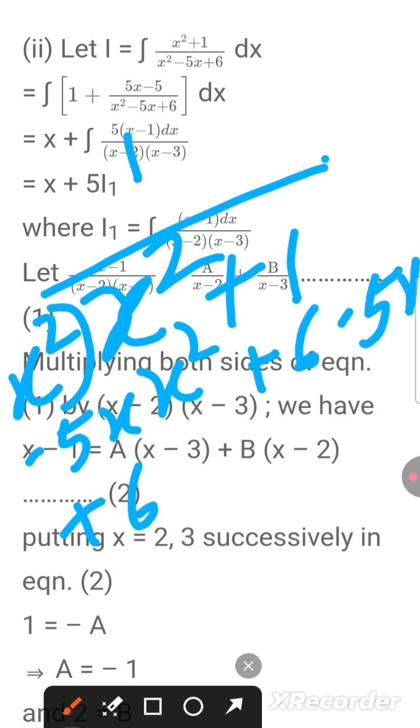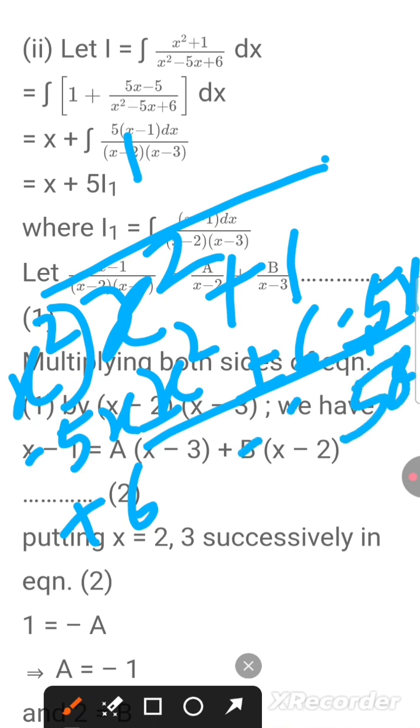Now you subtract. If you subtract, it is coming to plus 5x minus 5. Alright, so plus 5x minus 5.